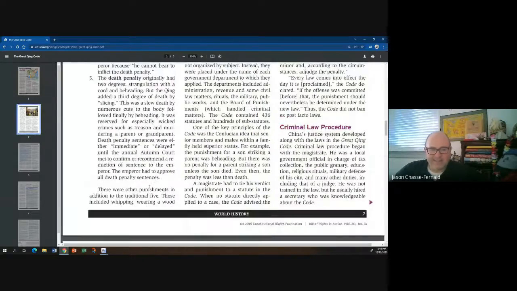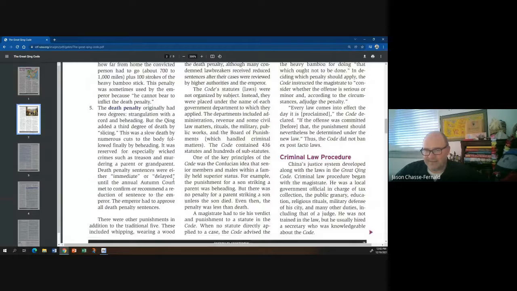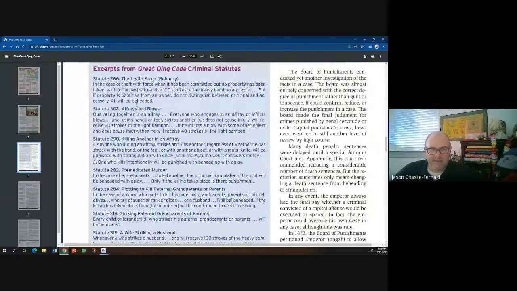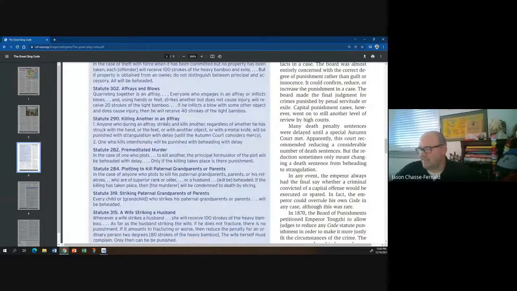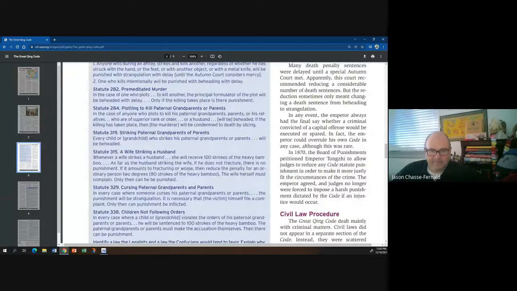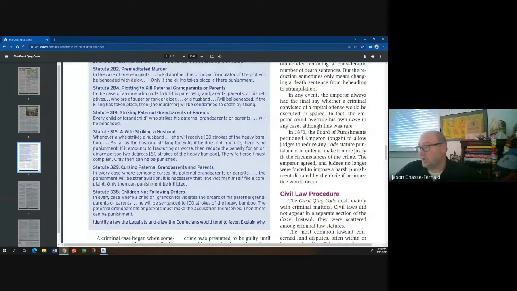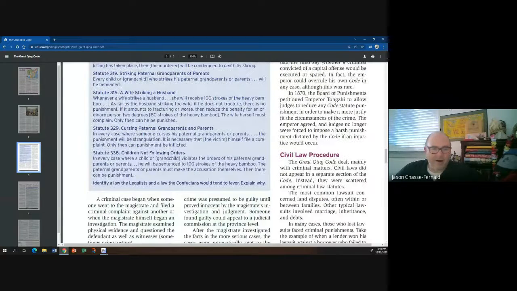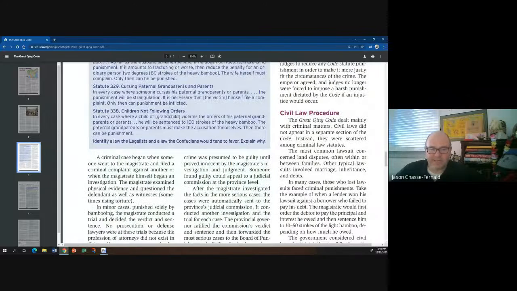Looking at all kinds of other examples here, some excerpts, there definitely seems to be some protection of private property. I think you could imply from this that there is law enforcement, and that there are punishments for criminal violations.